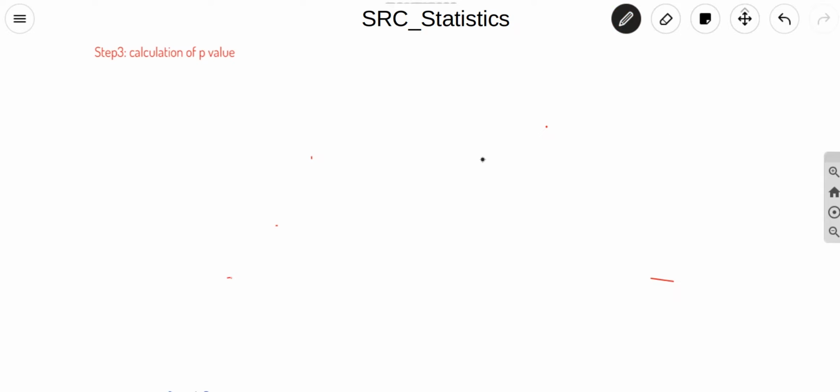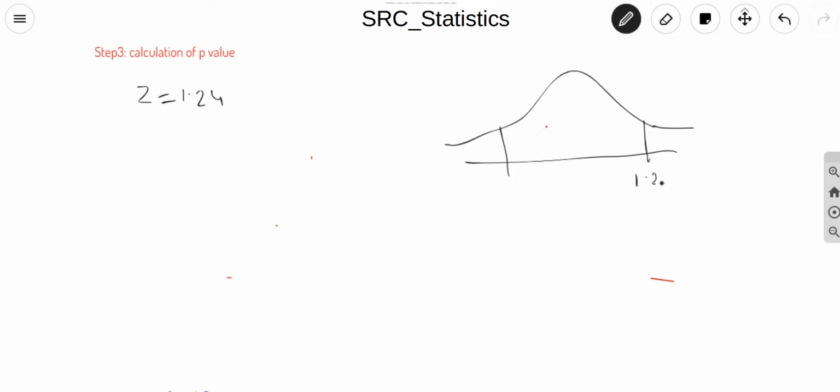This is a 2-tail test. So, p-value will be at both tails of the z curve. Our value of test statistic is 1.24. So, p-value will be the area to the right of positive 1.24 and area to the left of negative 1.24. These two areas give the p-value.